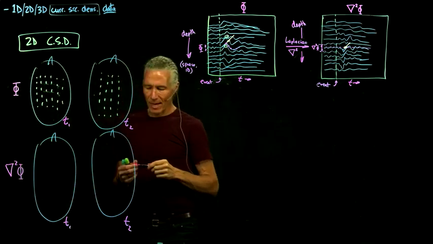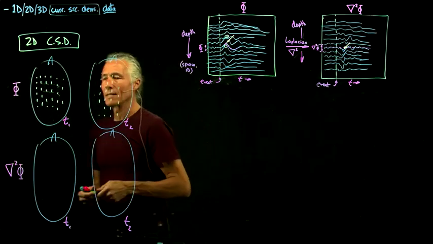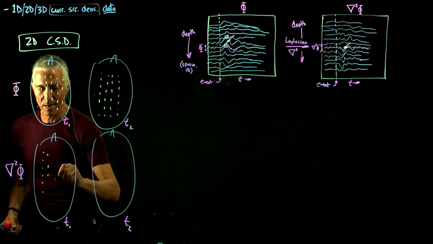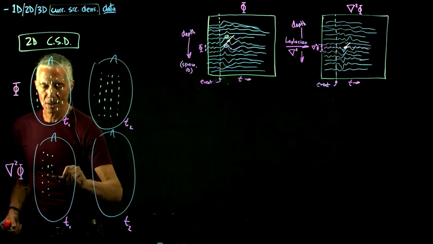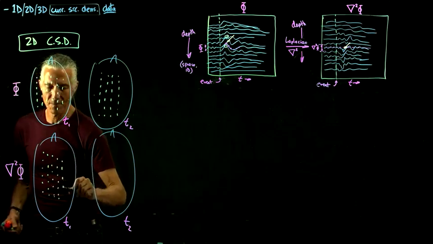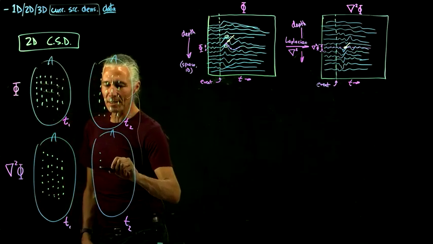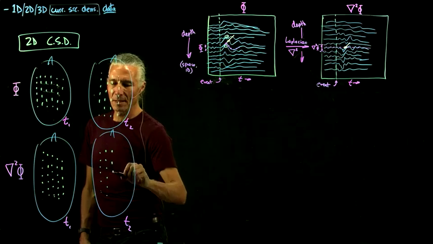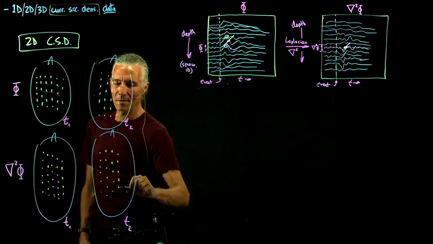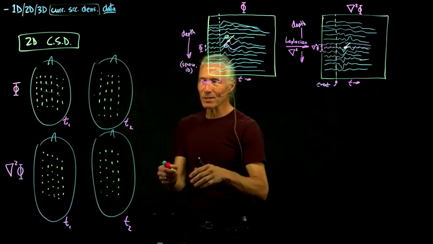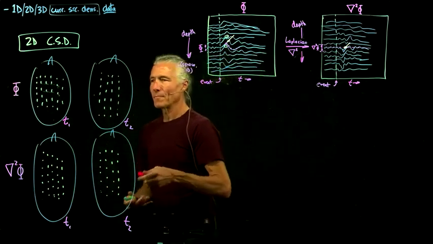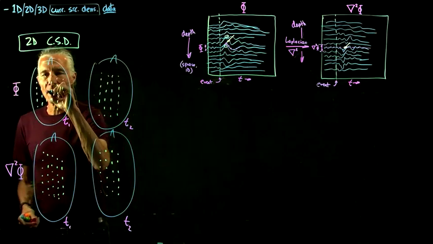And so how do we do that in 2D? We basically just subtract each electrode from its two-dimensional neighbors. Sorry, we subtract the average of the two-dimensional neighbors from the center point. So how do we calculate this?